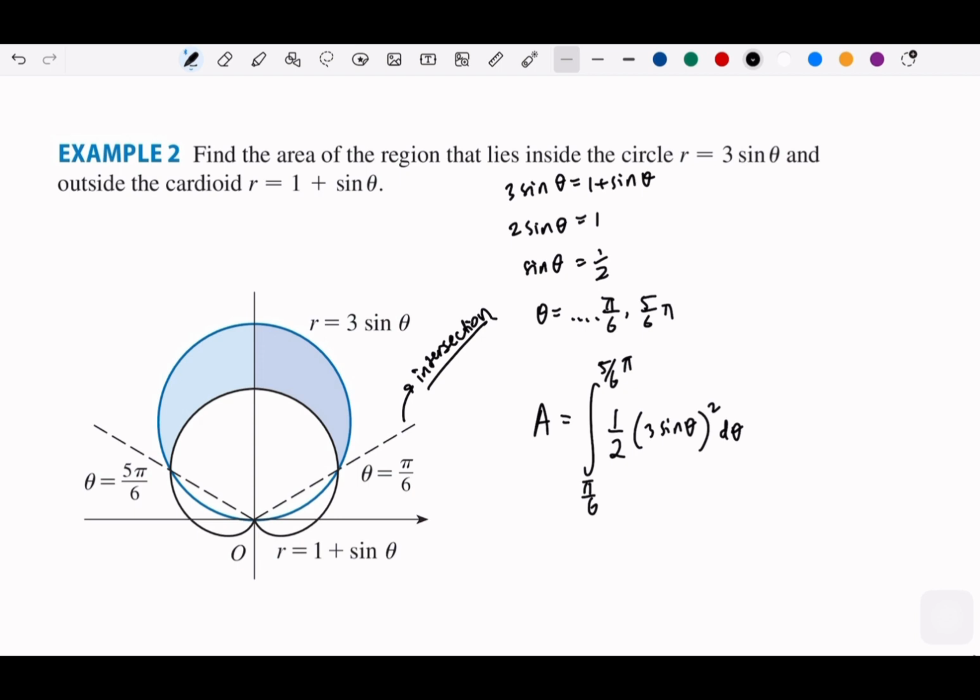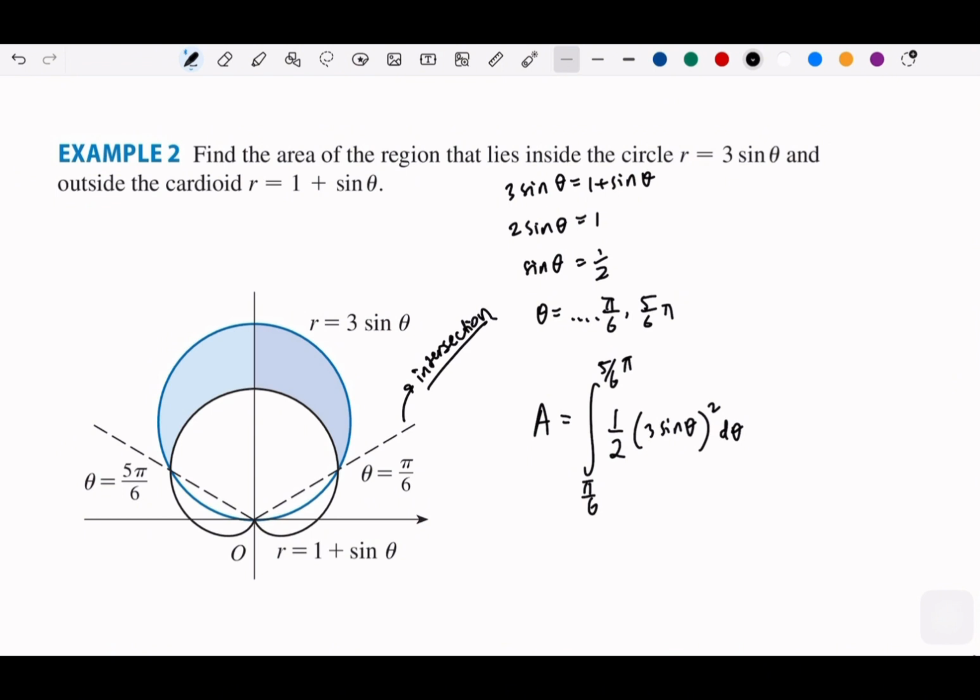And then we could take the cardioid exactly the same, from this to that, and that will fit perfectly. If you just subtract the whole thing, you will have this part that is not in the area.